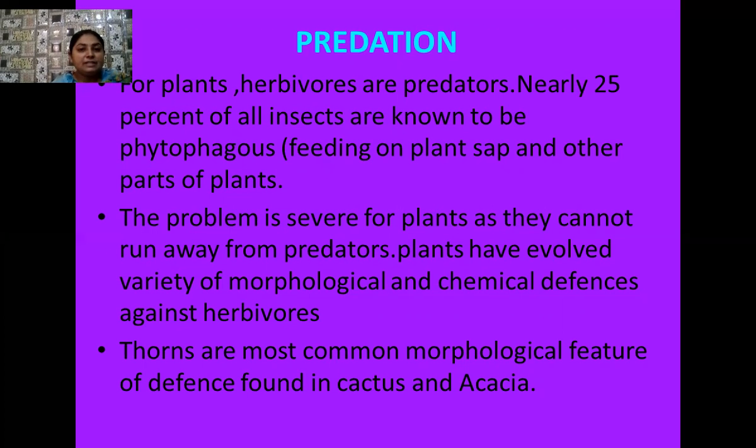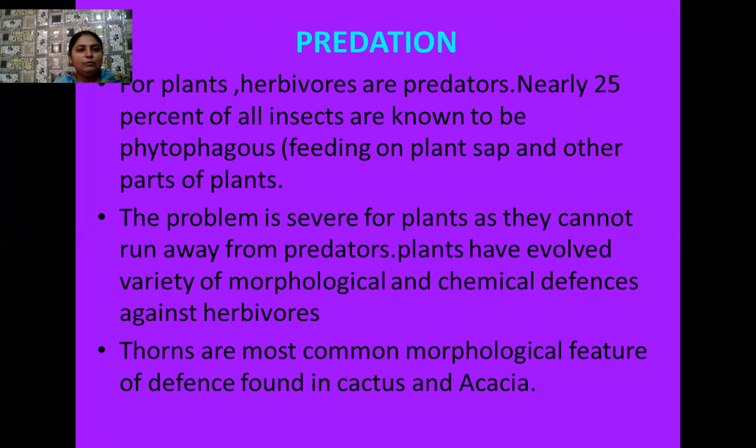The problem is very severe for plants because, unlike animals, they cannot run away from their predators. They cannot leave their habitat. So plants evolve a variety of morphological and chemical defenses against the herbivores to minimize the loss that they cause to plants.